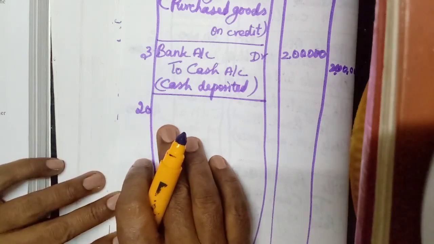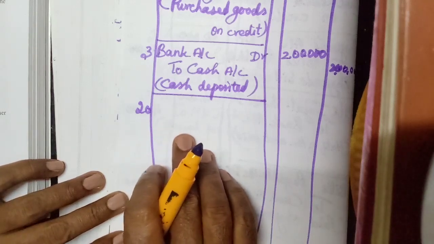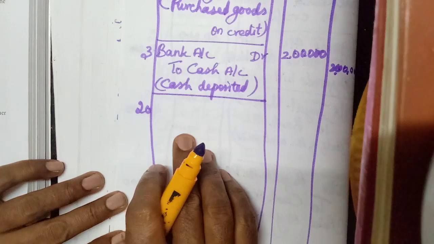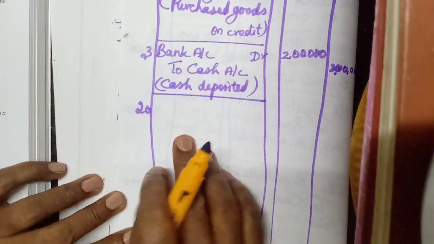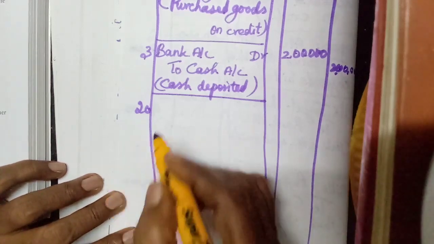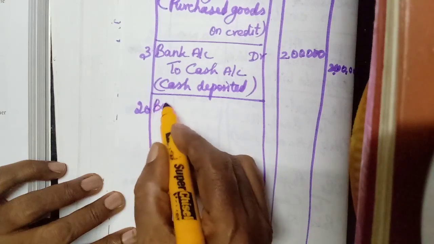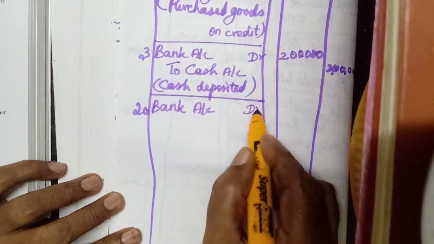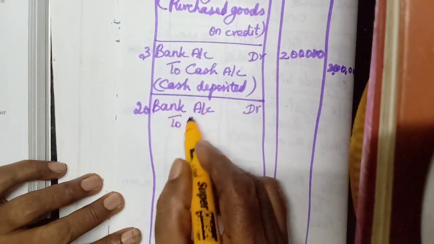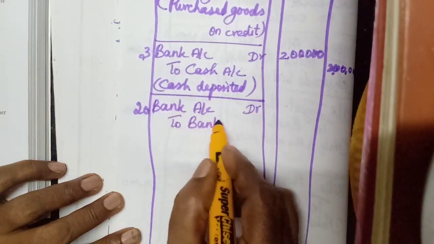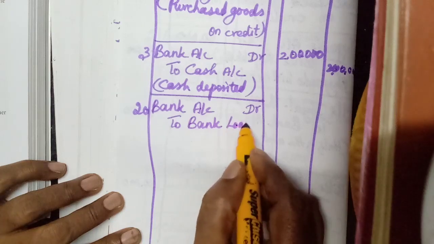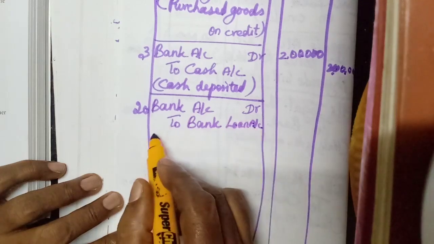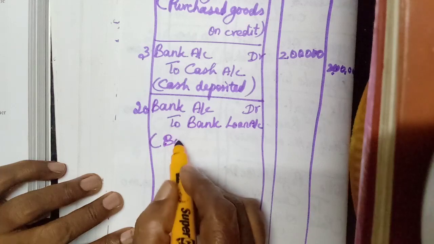That is a liability. So we should credit the bank loan, and that money will be deposited in the bank only. Okay, so bank should be debited. Bank account debtor to bank loan account. Borrowed loan from bank.